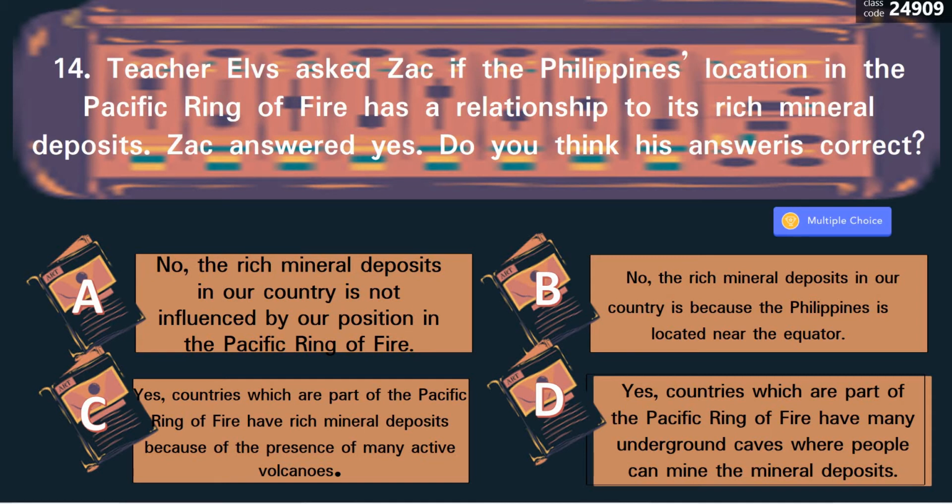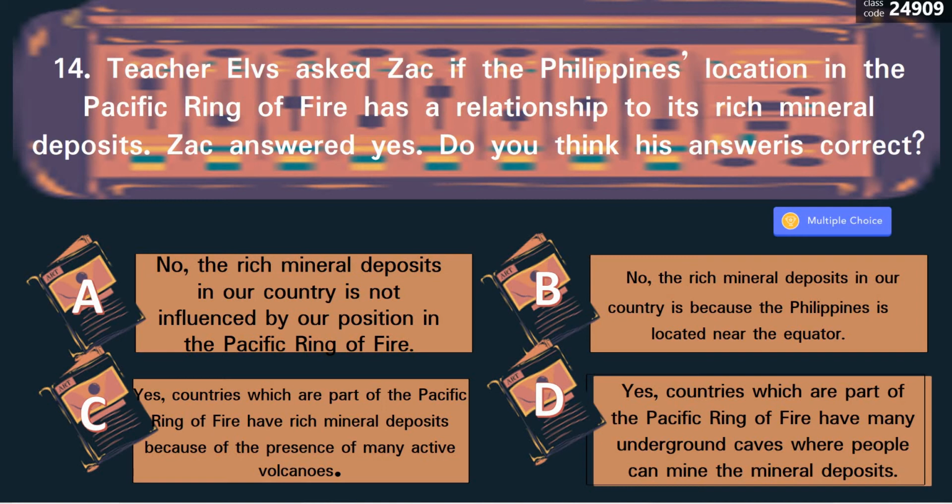B. No, the rich mineral deposits in our country is because the Philippines is located near the equator. C. Yes, countries which are part of the Pacific Ring of Fire have rich mineral deposits because of the presence of many active volcanoes. Or D, yes, countries which are part of the Pacific Ring of Fire have many underground caves where people mine mineral deposits.